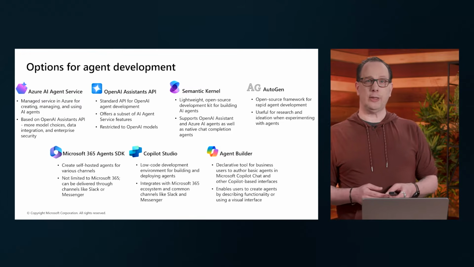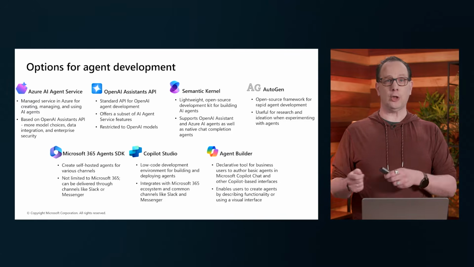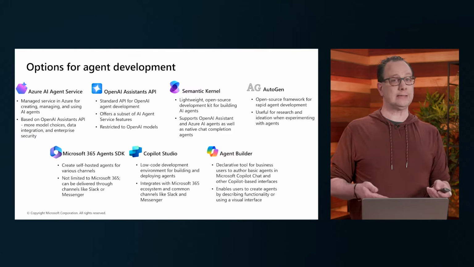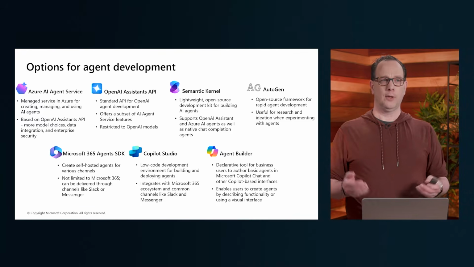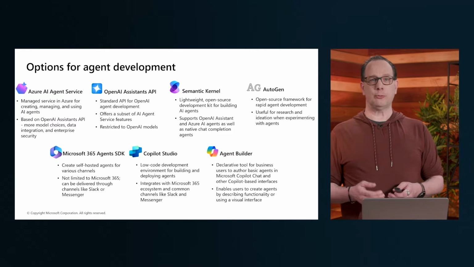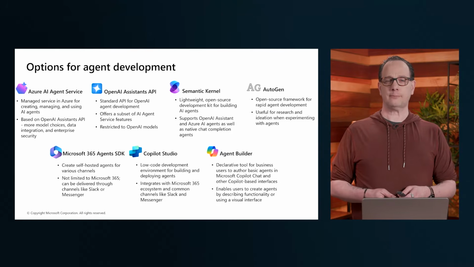Primarily targeting integration with M365, you're not limited to Microsoft 365, but you can actually deliver your agent to different channels like Slack, Messenger, Facebook, and other ones. One of my favorite AI tools besides Azure AI Foundry is Microsoft Copilot Studio.